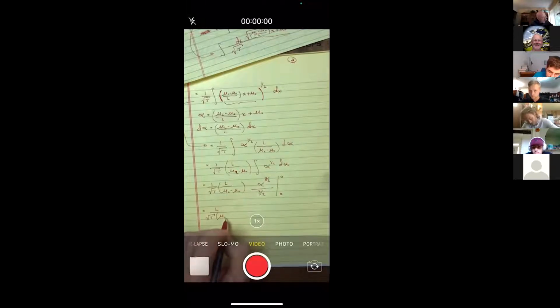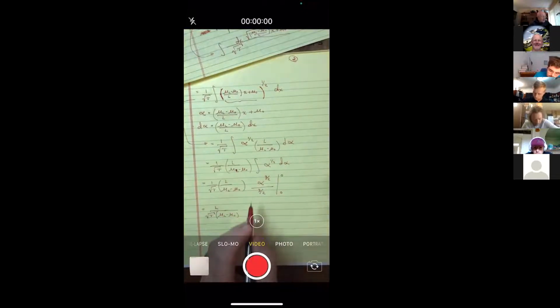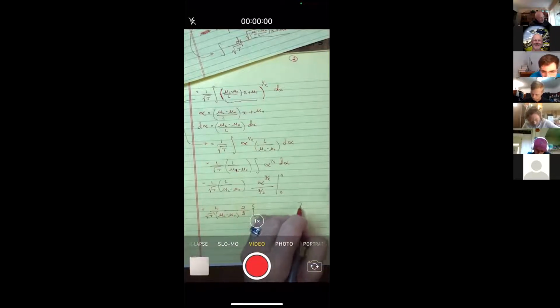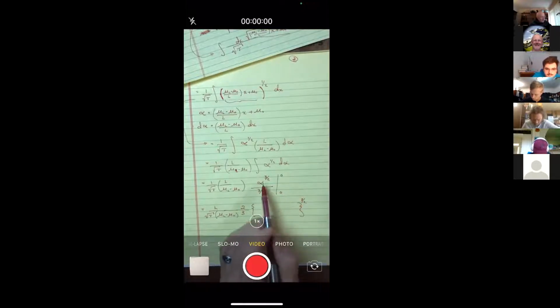I've got mu L minus mu naught. And I'll even take this 2/3, and that's that compound fraction again, so I'm going to flip it. So that becomes a 2/3. And then this is the alpha to the 3/2 power.